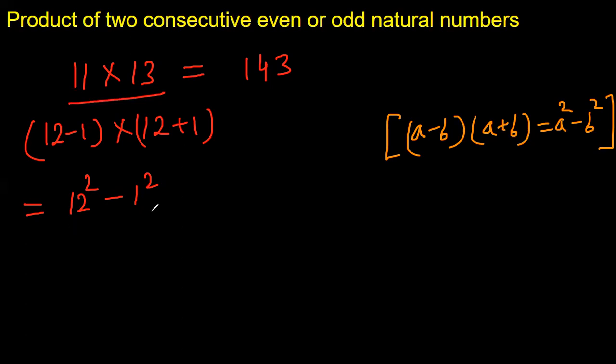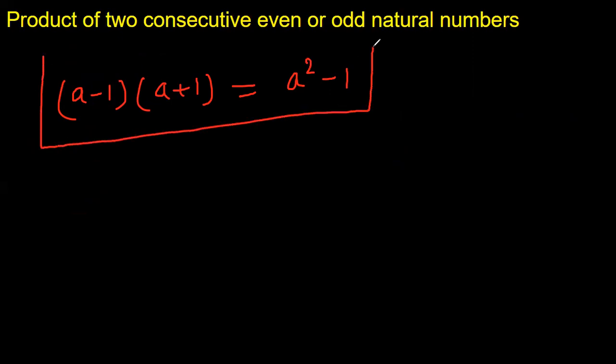If we like to generalize this statement, we can consider the number in between these two consecutive numbers, 11 and 13, that is 12. The first number is 12 minus 1. The second number is 12 plus 1. So when you multiply 12 minus 1 with 12 plus 1, it is 12 squared minus 1 squared.